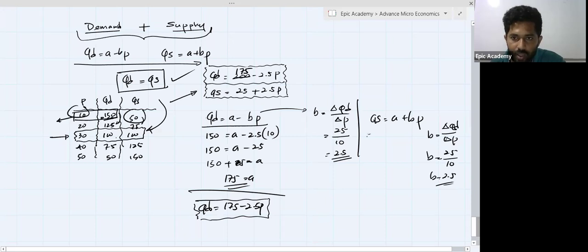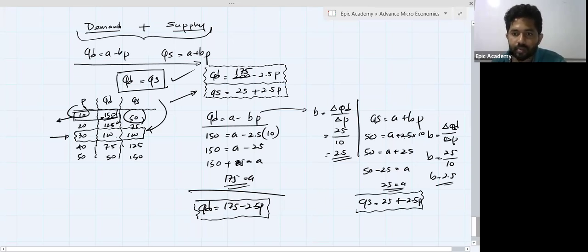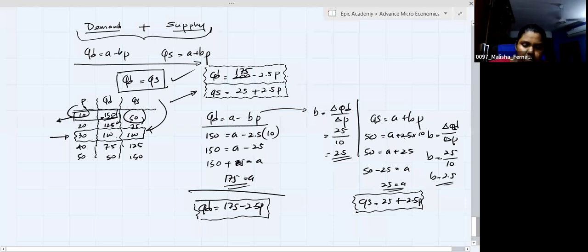Quantity is just 50. 50 equals A plus 2.5 multiplied by 10, which is 25. And 50 minus 25 equals A. Then 25 equals A. QS equals 25 plus 2.5P. So now we have found the two equations.